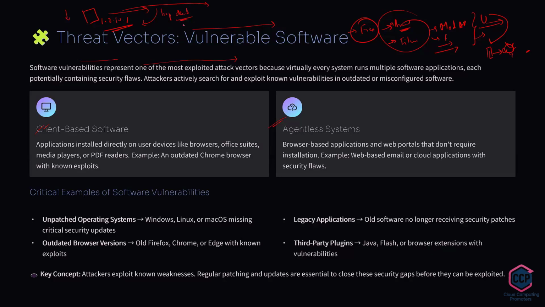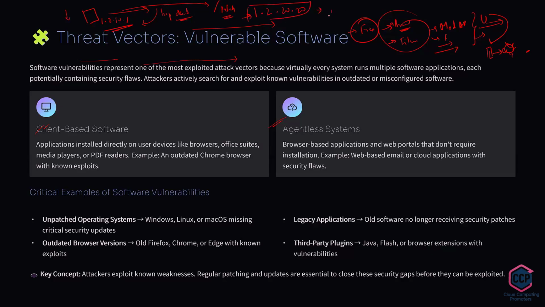Then developers will see all these things, they'll update and close them, they'll patch that software and release another version, which could be 1.0.20.20.